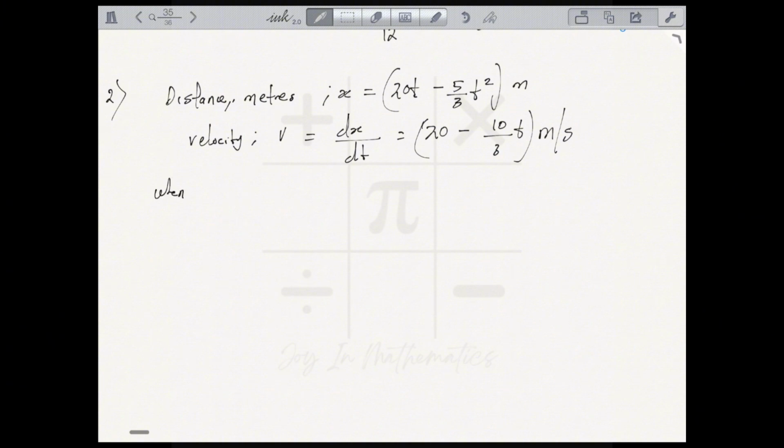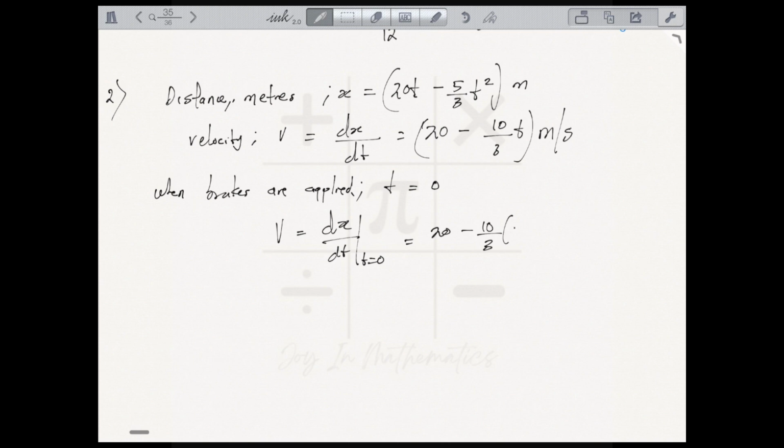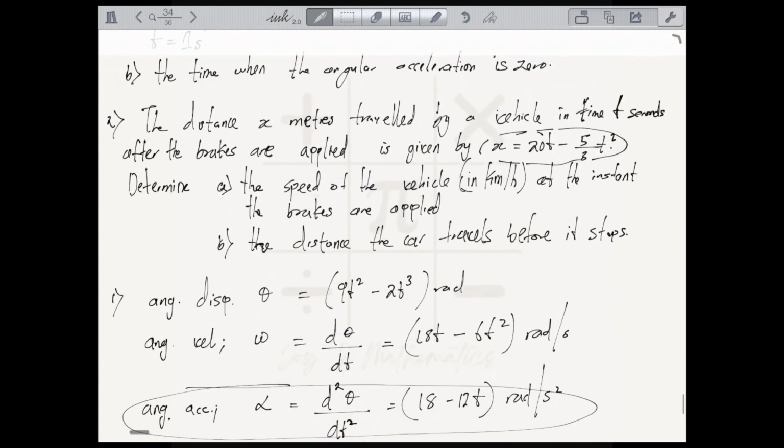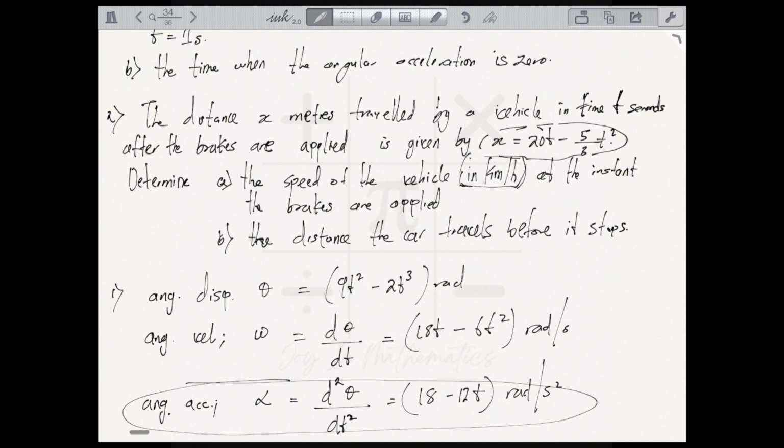When brakes are applied, time t is equal to 0. Therefore, our v at t equals 0 is 20 minus 10 over 3 multiplied by 0, and that will give us 20 meters per second. Now the question says we should determine the speed of the vehicle in kilometers per hour.